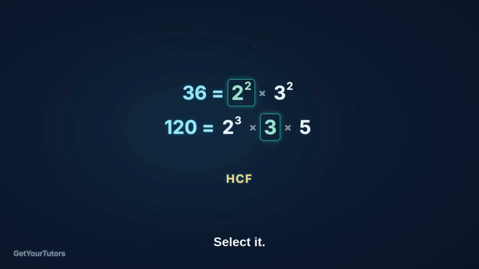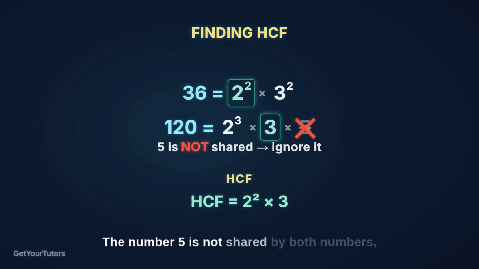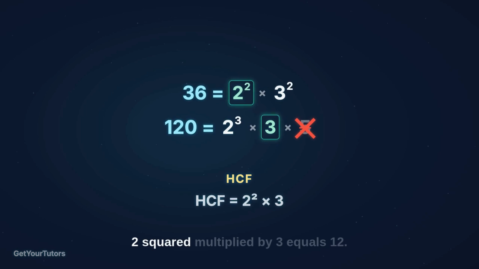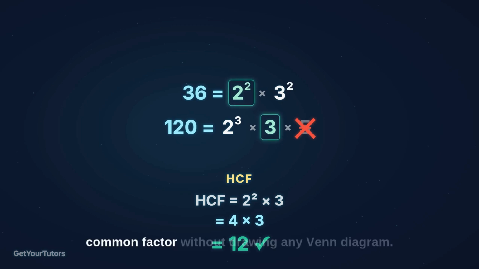Select it. The number 5 is not shared by both numbers, so we completely ignore it. HCF is only for shared primes. 2 squared multiplied by 3 equals 12. We get the exact same highest common factor without drawing any Venn diagram.